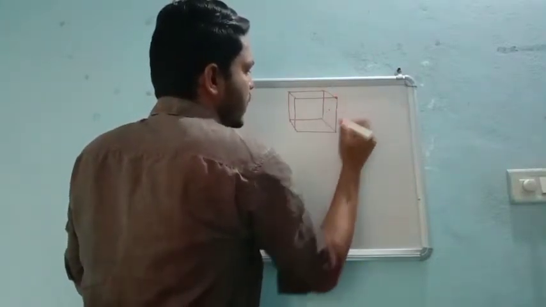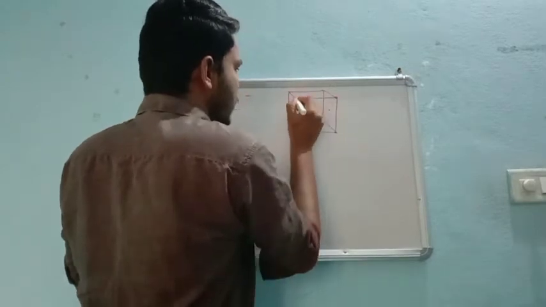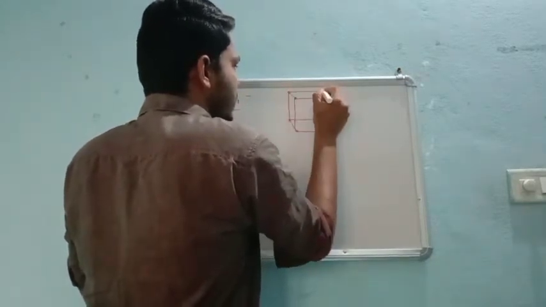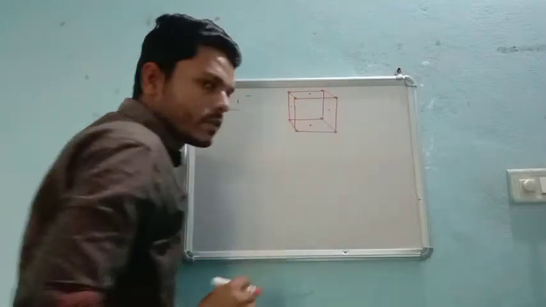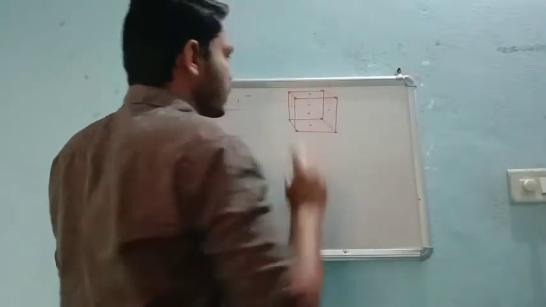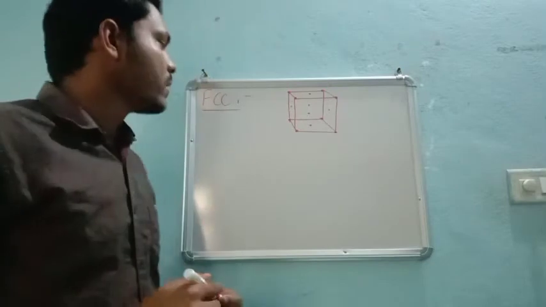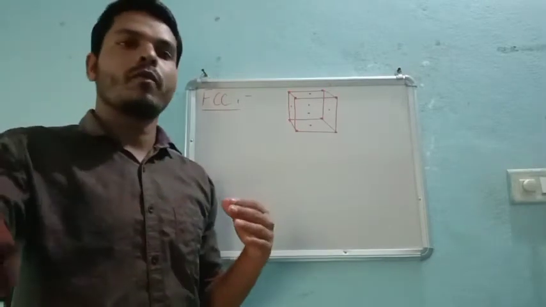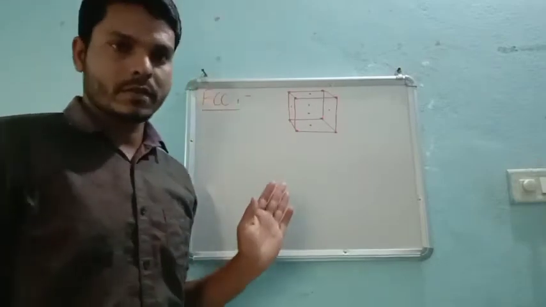So first we can show the constituent particle at the corner as well as at the faces. How many faces? There are 6 faces. Front and back, like this. The 3D one we cannot see on the board. So one wall is the front wall and the other one will be the back face, right?